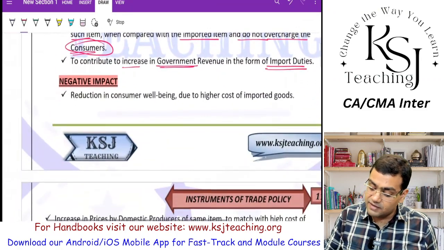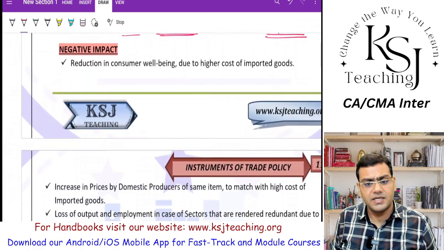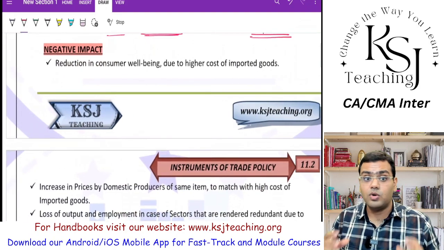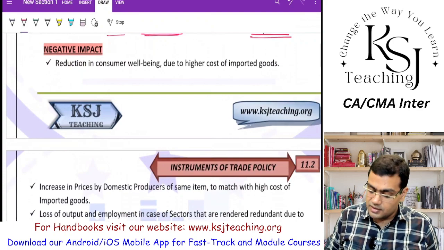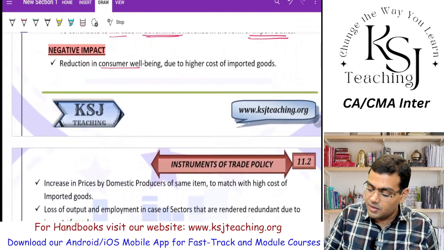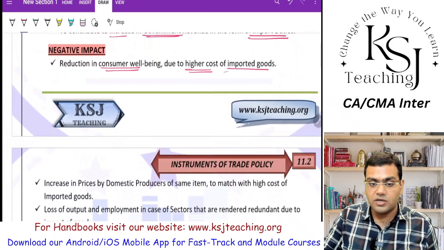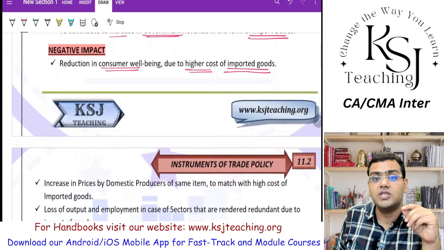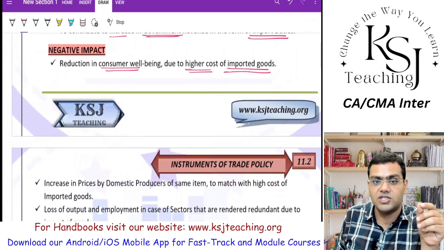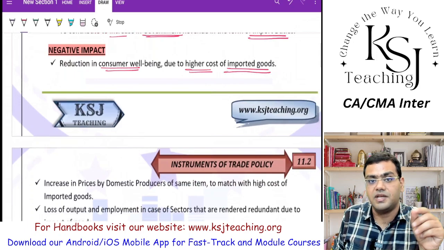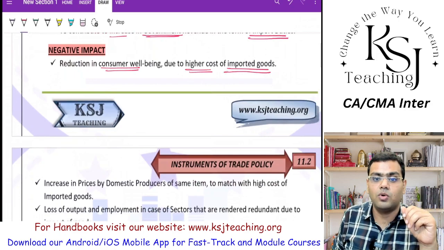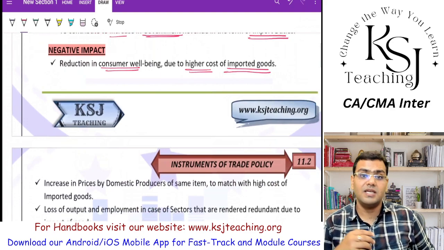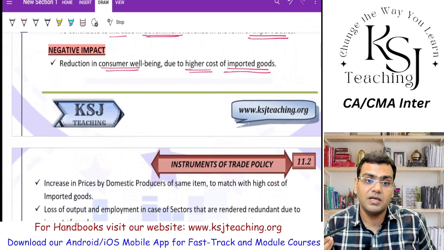Now, what is the negative impact of tariffs? Can there be negative impacts? Yes, sir, there can be negative impacts, because in some cases importing goods is quite a good thing. Reduction in the consumer well-being due to the higher cost of the imported goods. If you charge high customs duty on goods which are necessary to be imported, which cannot be manufactured in your own country, it is directly going to affect the ultimate consumer.